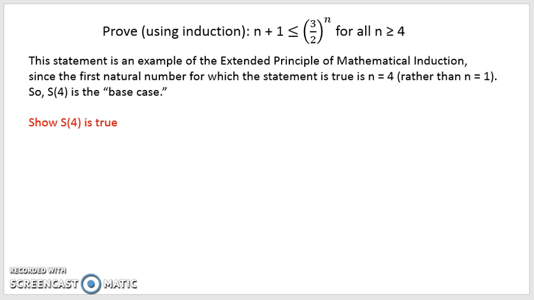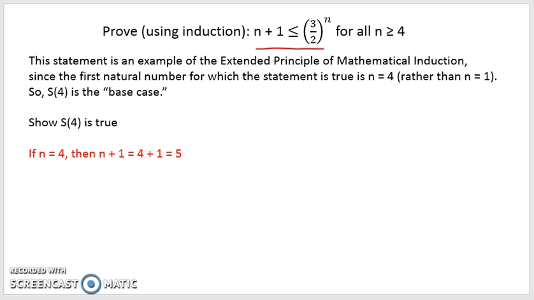To show S of 4 is true, we want to substitute 4 into both sides. Again, that's one of my little pet peeves. Make sure you do not assume that this expression is true. Don't just plug n equals 4 into there, because then you've implicitly suggested that this is a true inequality. Substitute it into both sides, then use the transitive property of inequalities.